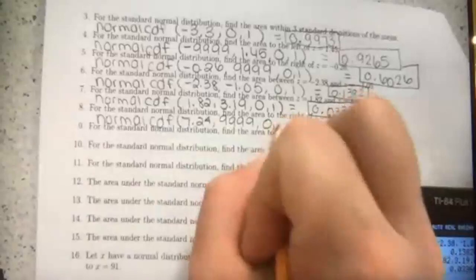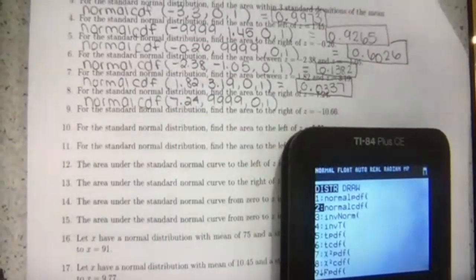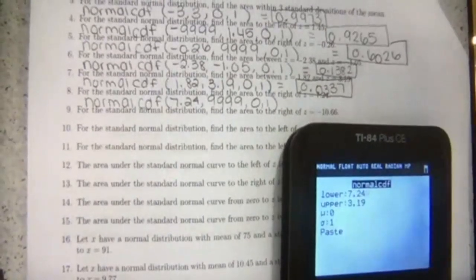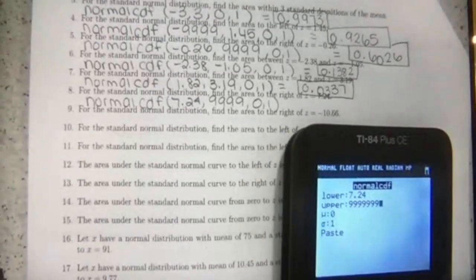My upper limit's going to be infinity, so positive 99999. Mean is 0, and our standard deviation is 1. So in my calculator, second bars, going down to normal CDF, my lower limit's that 7.24, upper limit's infinity, so positive 99999. Mean is 0, standard deviation is 1.